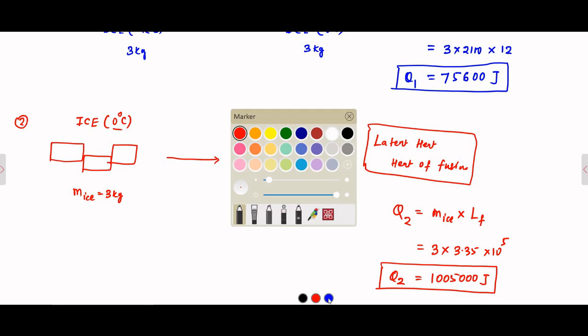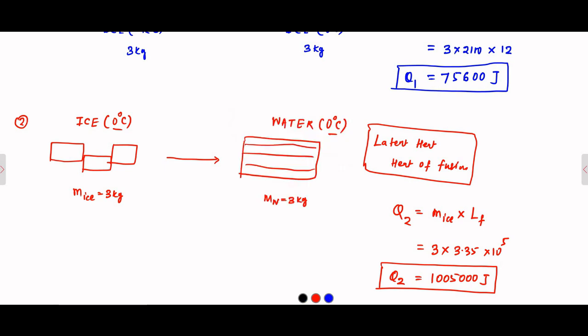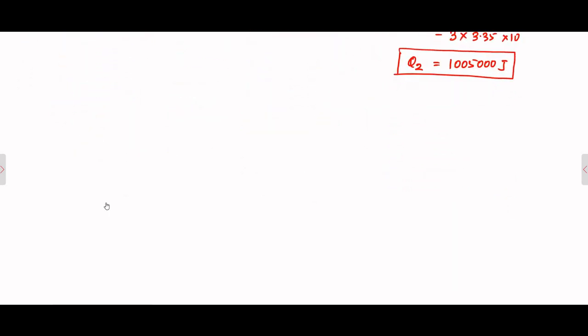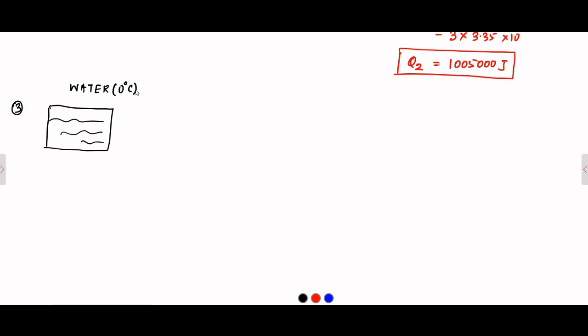Next is the third step. The water at 0 degree Celsius has to be converted into water at 100 degrees Celsius.